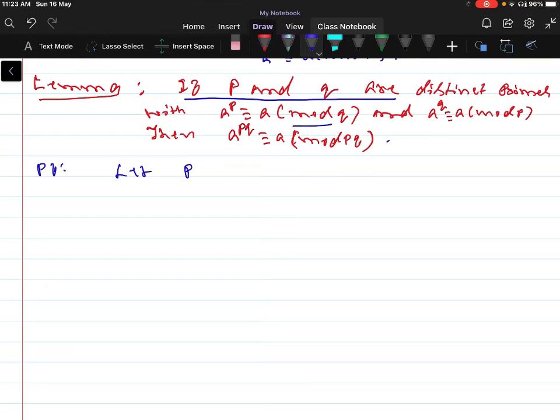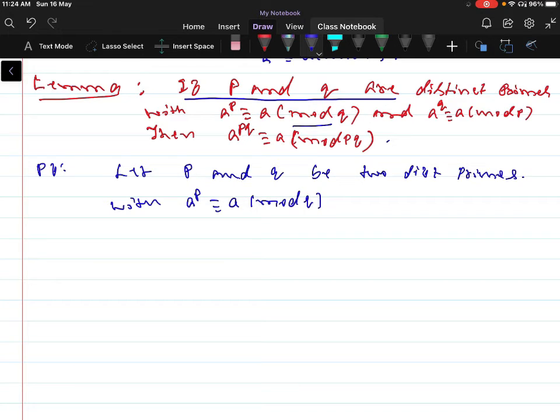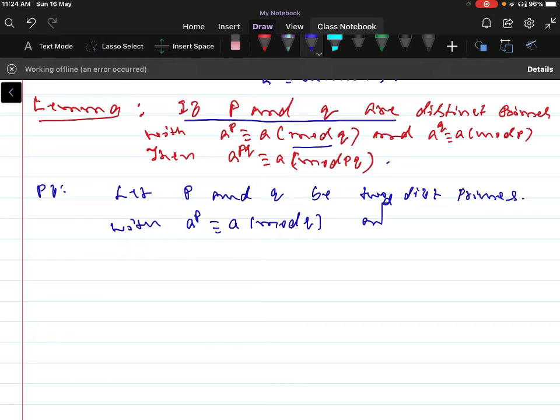Let p and q be two different primes with a power p congruent to a modulo q and a power q congruent to a modulo p.